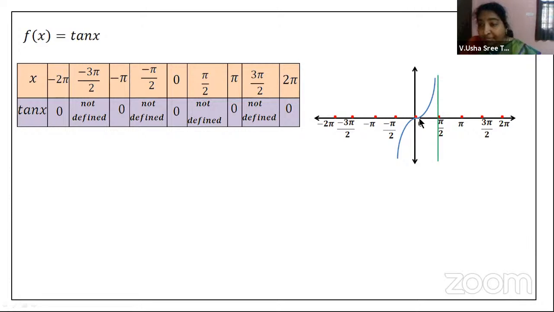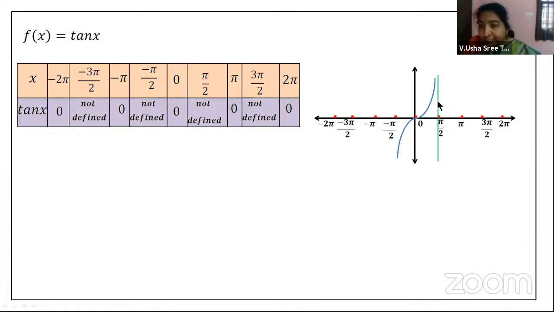From 0 to 90, if you are taking the values, they are positive values. So tan 30 is 1 by root 3. Tan 45 is 1. Tan 60 is root 3. They are 1 and above 1, isn't it? Like that, if you mark, you will get a curve.